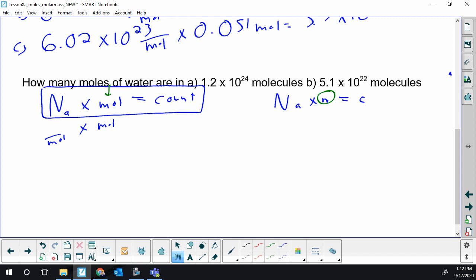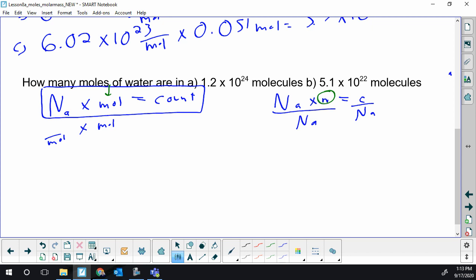I don't want to have Avogadro's number next to it, so I want to cancel it out. So you want to do the opposite operation to cancel or get rid of something next to it in a formula. Moles is being multiplied by Avogadro's number, so the opposite operation would be dividing by Avogadro's number. And that'll cancel the top and the bottom. But when you have an equal sign, whatever you do to one side, you have to do to the other to keep the equals.